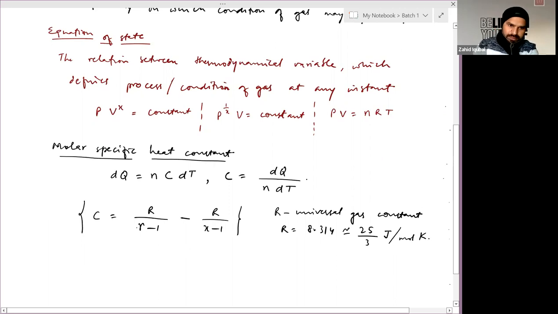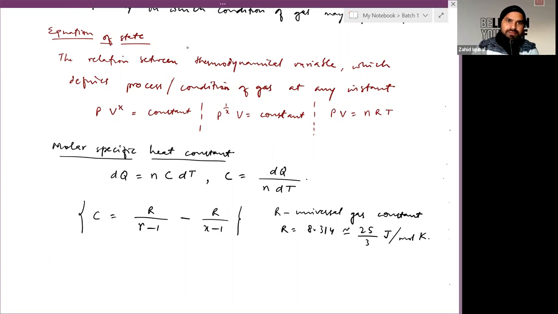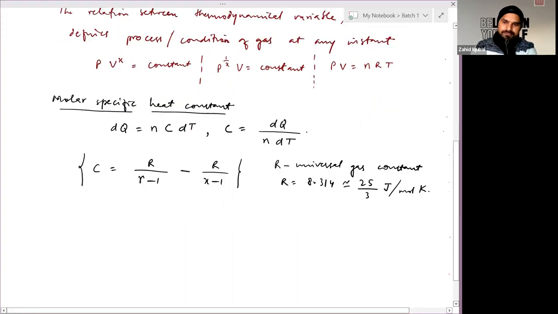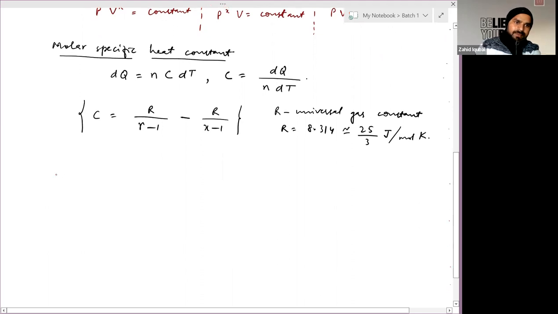Now, next is gamma. So to define this gamma, let me define another term: degree of freedom.